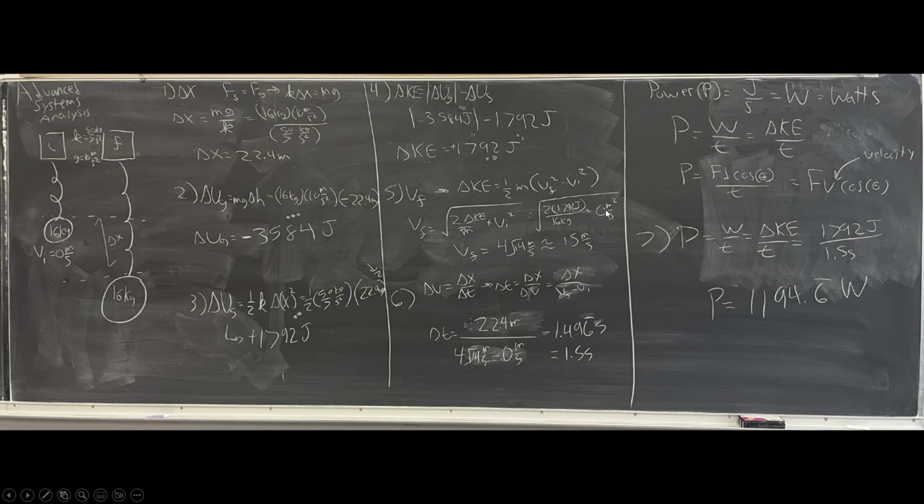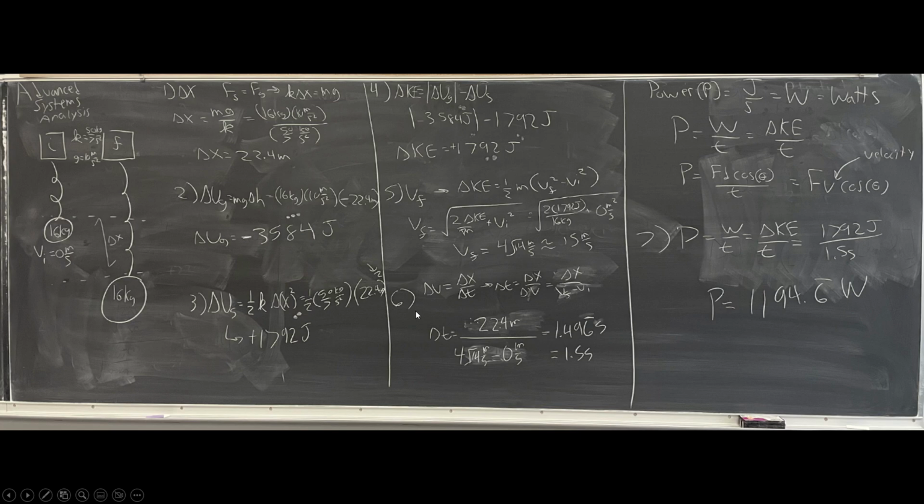So we have 0 meters per second squared plus the term 2 times 1,792 joules divided by 16 kilograms. All that, those two terms added together and then taking the square root, comes out to a final velocity of 4 square root of 14 meters per second, or approximately 15 meters per second.